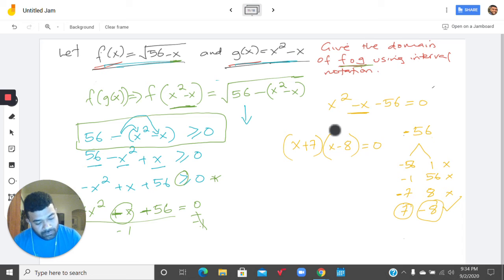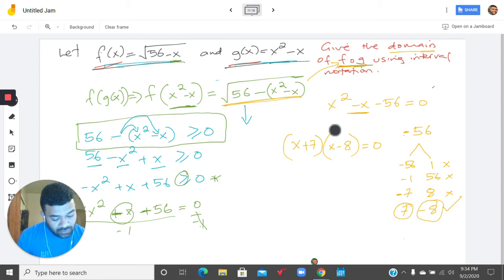So the first thing we did was we found f of g, and we got that answer right there. That solves that part. The next thing we do is find the domain. Now we have x plus 7 and x minus 8 equals 0.